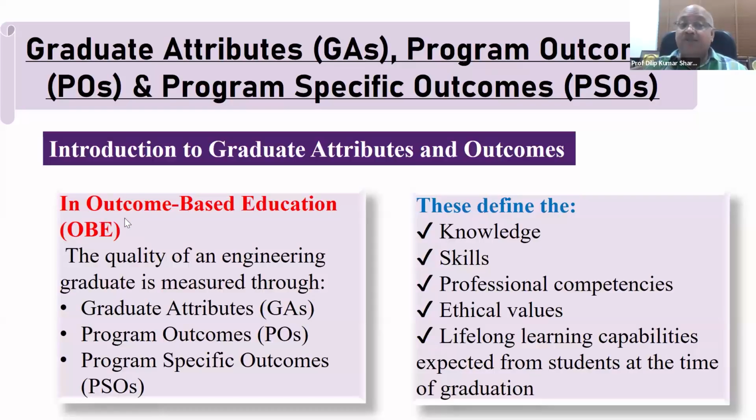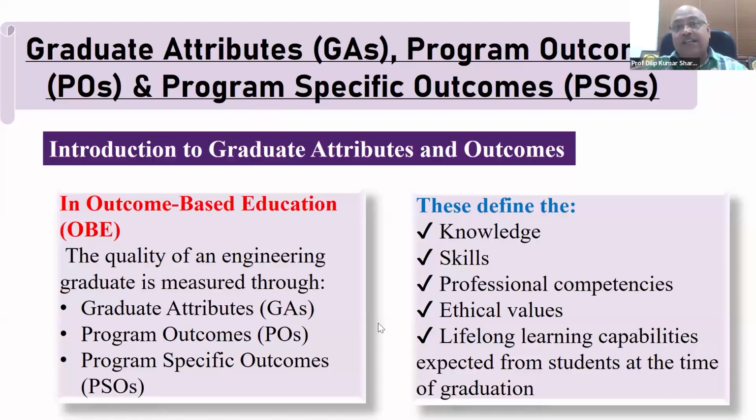In outcome-based education, the quality of an engineering graduate, or management graduate, or pharmacy graduate is measured through the graduate attributes. So one must be clear in depth about what graduate attributes are. I have already shared the graduate attributes, and again I will share them after the end of this session so that you can read them.